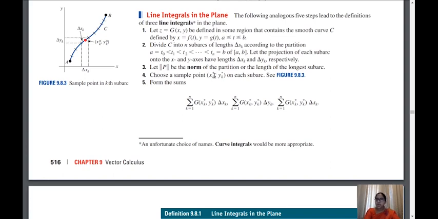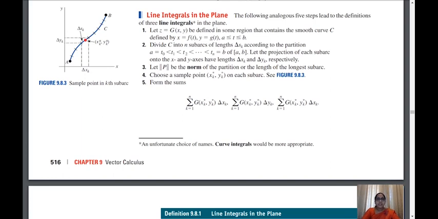We will choose any point on each sub-arc, and we will form the following sums: summation k equal to 1 to n, g of xk star, yk star into delta xk, and summation k equal to 1 to n, g of xk star, yk star into delta yk. Also, summation k equal to 1 to n, g of xk star, yk star into delta sk.